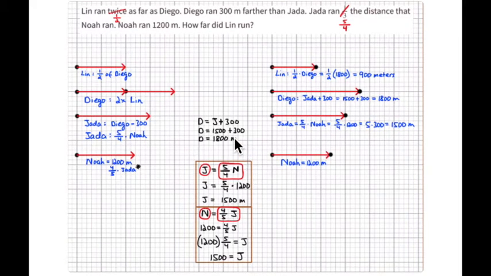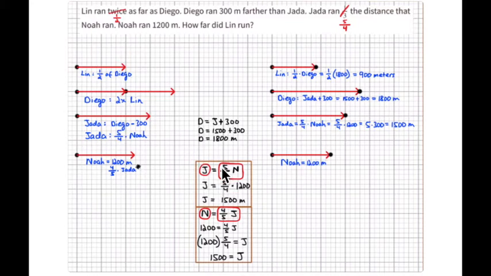All right, what about Diego? Diego is equal to Jada plus 300. So Jada we figured out was 1,500 meters plus 300 meters equals 1,800 meters. Now notice that the inverse relationship is that Jada is equal to Diego minus 300. So now this is the additive inverse, or plus a negative 300. Because you're adding 300, you're going to use the additive inverse to go the opposite direction.